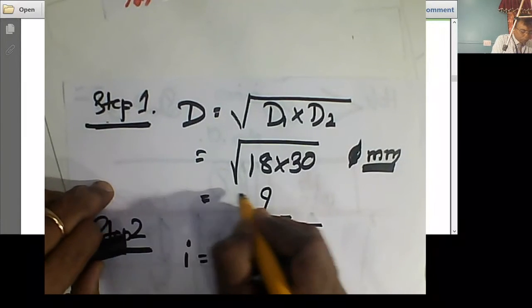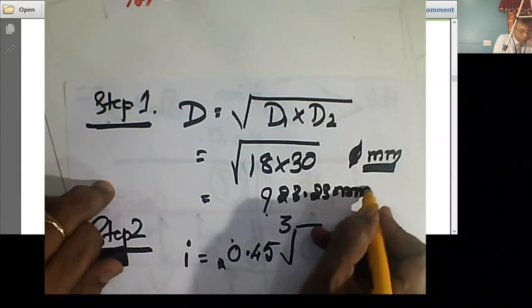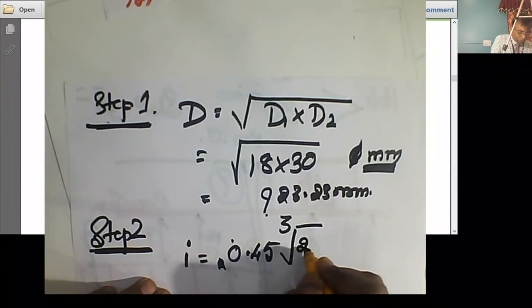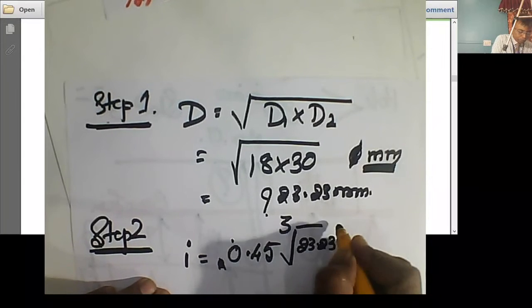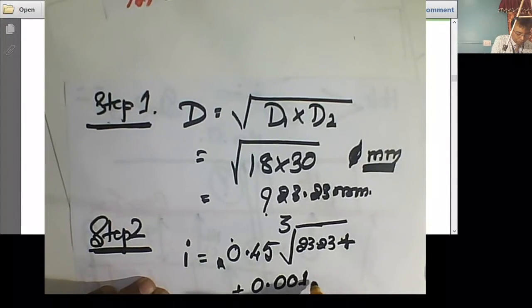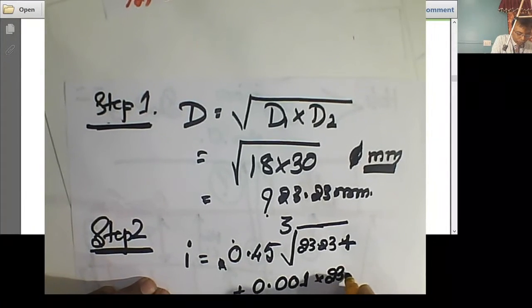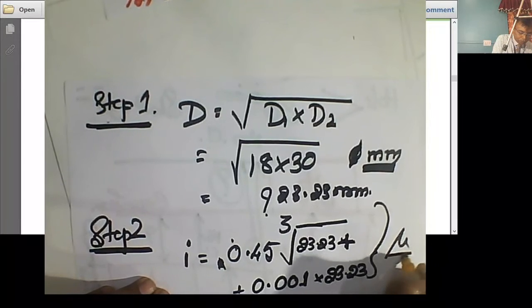So you should be able to write 23.23 plus 0.001 into 23.23. And please note, the value you get here is in microns.